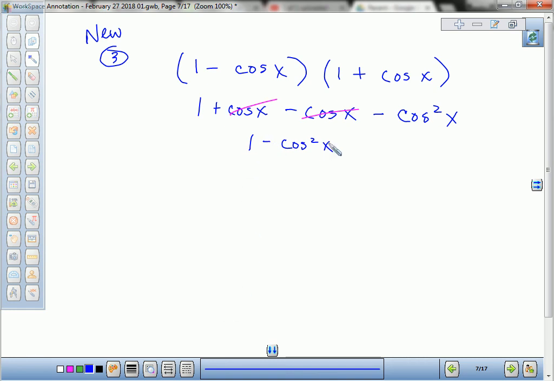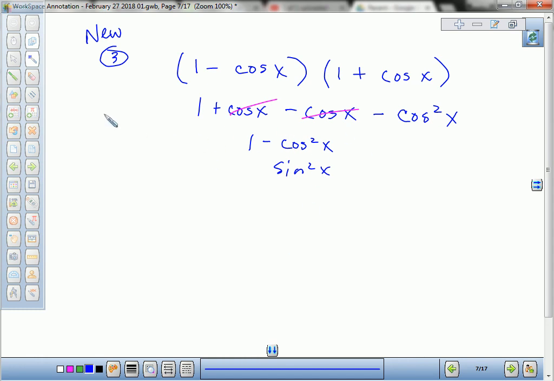Alright, and what is 1 minus cosine squared x equivalent to? Sine squared x. Simplified. How would you get there?